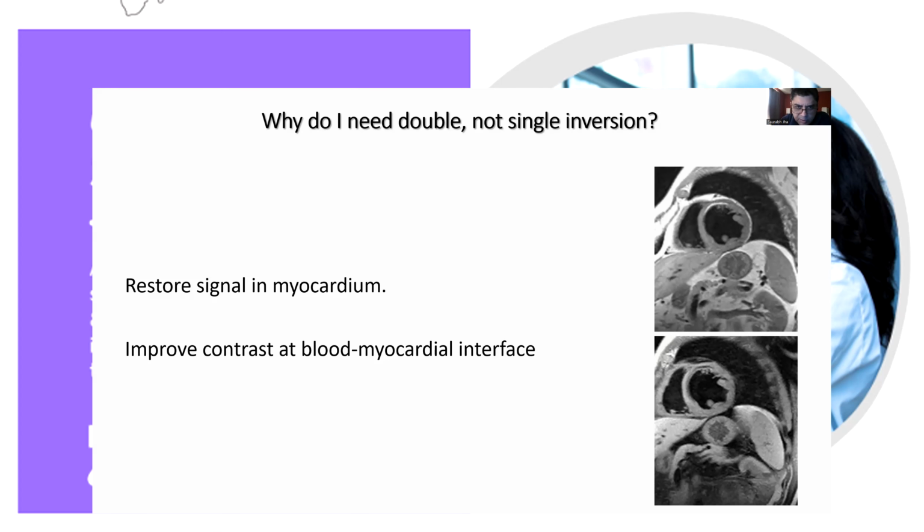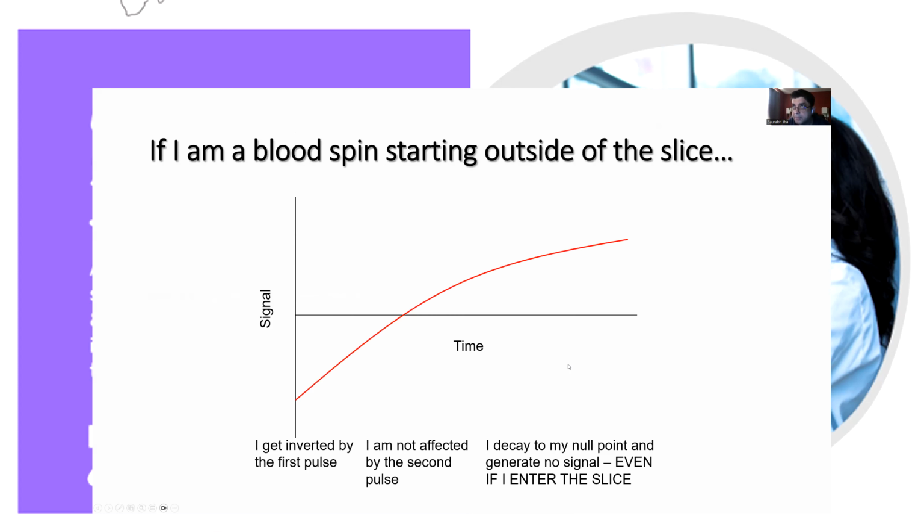You want the myocardium to be alive in order to create the angiographic contrast. So we do a non-selective pulse that covers the entire slab. I'm calling that the volume. Everything in that volume is inverted. Immediately after, the slice we're interested in, we bring back to life so that the myocardial tissue is not dampened by the recovery of the pulse.